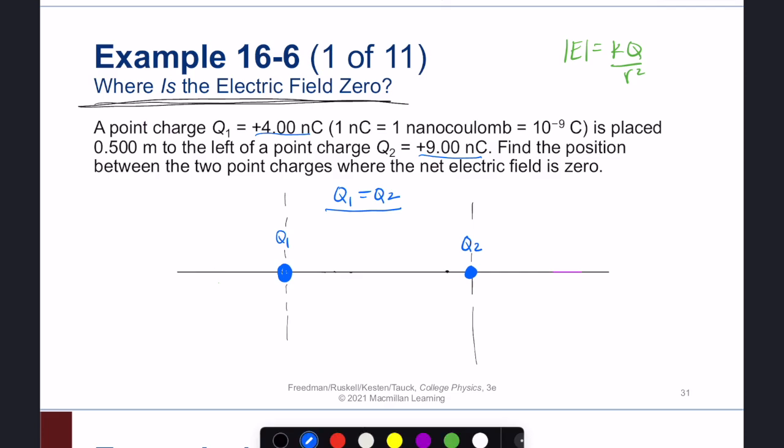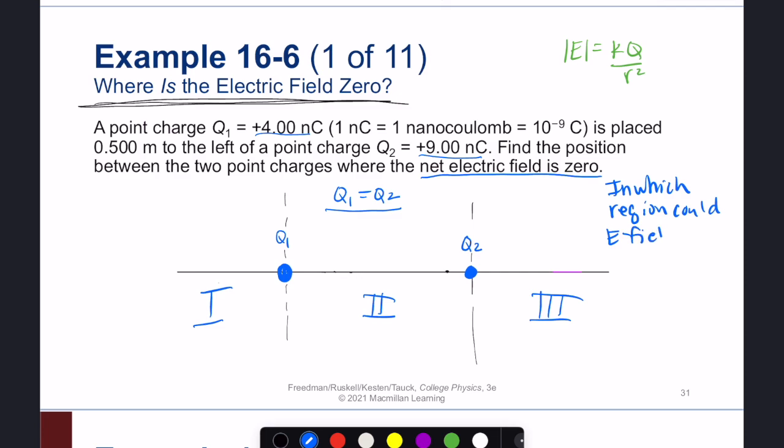We need to find in what region, region 1 here, region 2 between the two, or region 3 to the right of Q2, is it possible for the electric field to be 0? Here's the test version: Q1 equals Q2. Which region could the electric field be 0?